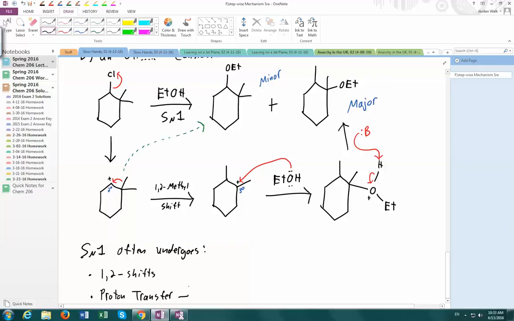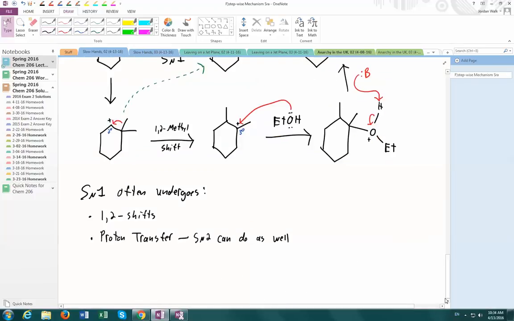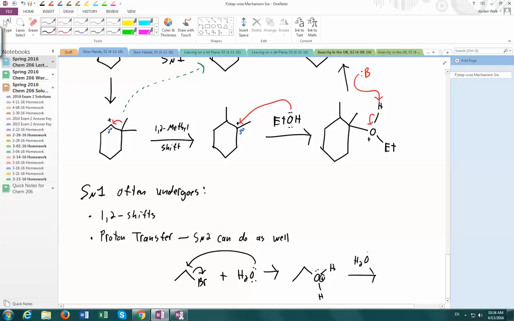And speaking of proton transfers, that's not limited to SN1. So SN2 can do as well, but I would say that it's probably a little more common in SN1 reactions, and we'll see why that's the trend going forward. So as an SN2 example, you could have, say, this primary bromide react with water, and so now we're going to end up with this, which would need to be deprotonated by a generic base, or in this case, water.